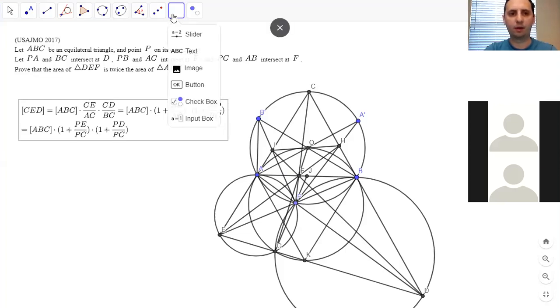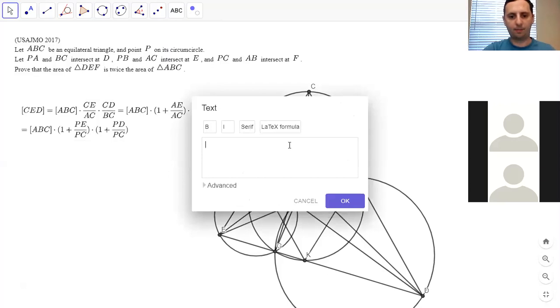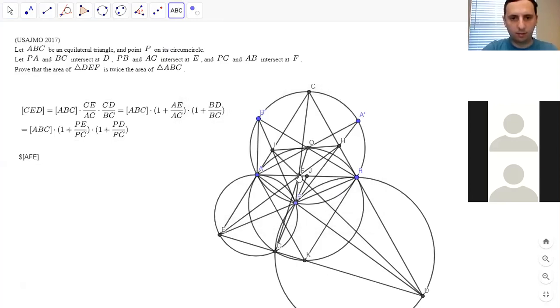So the thing is, sine of 60 is the same as sine of 120, right? So AFE has a 120-degree angle, ABC has a 60-degree angle. So the area of AFE is AF times AE times, exactly.